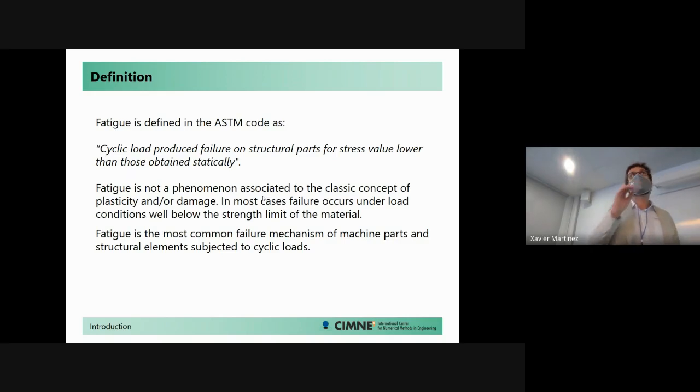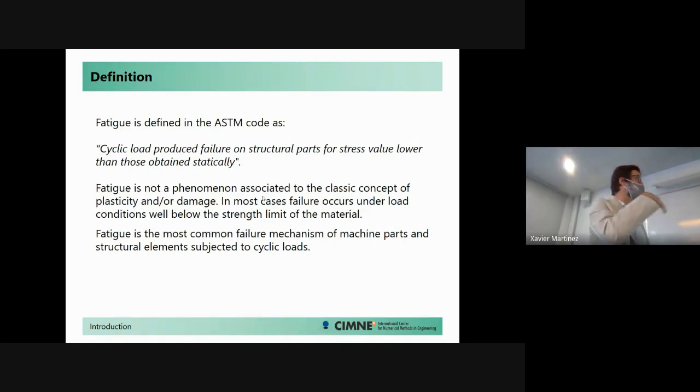So as an introduction, I have to start with the definition of what is fatigue, and according to the ASTM code, well, I'm pretty sure most of you already know what fatigue is, but it's cyclic load produced failure on the structural parts for values lower than those obtained statically. And here I want to make a first remark. Fatigue is used for loads below the yield strength. We will see that there's some part of fatigue, and I'm going to present you some formulations for loads beyond the yield strength.